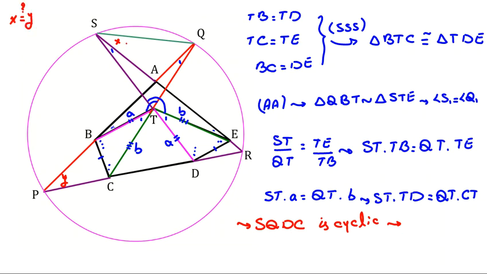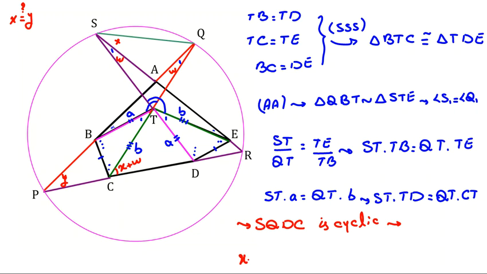Because SQDC is cyclic, this angle equals this angle. Let's consider this angle W. X plus W here sees the same side as this, so this angle will also be X plus W, both being CQR, because SQDC is cyclic. And what else can we say? We proved that S1 equals Q1, so this angle is also W. Now, this angle is an exterior angle of these two angles.